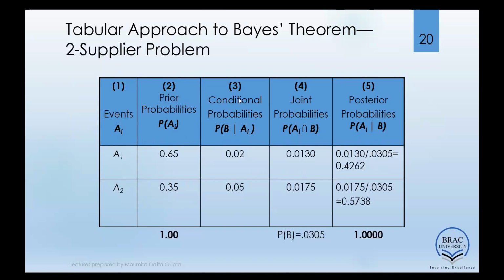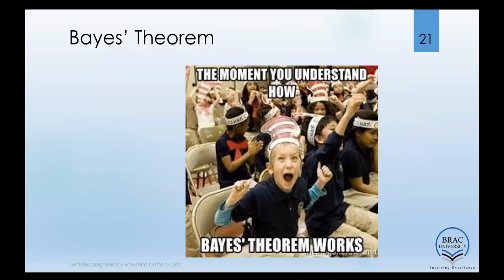From these two columns, we can compute column 4, which gives us the joint probabilities. And finally, after applying the Bayes theorem, we can compute the posterior probabilities. This was all about the Bayes theorem.